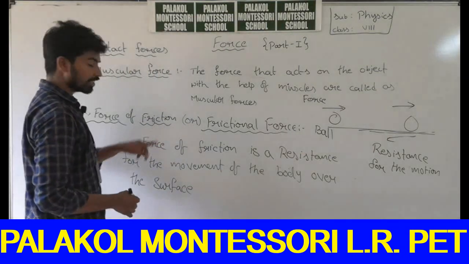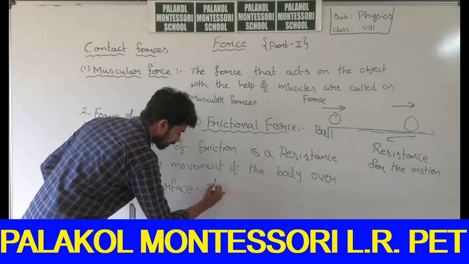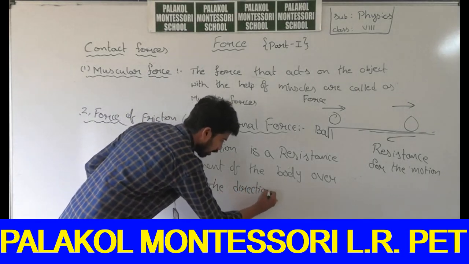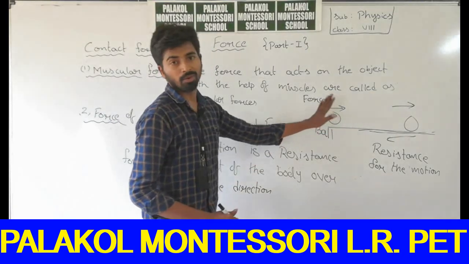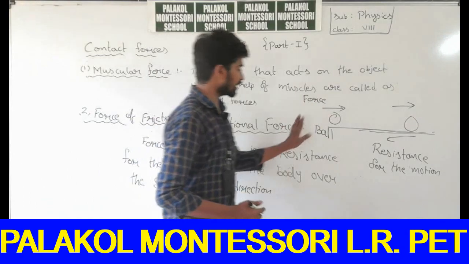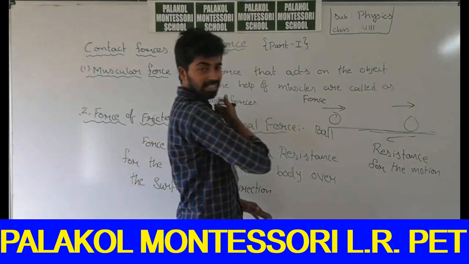The direction of friction is always opposite to the motion of the body. Frictional force will always act opposite to the direction of motion. The ball is moving in this direction, and frictional force acts in this direction.